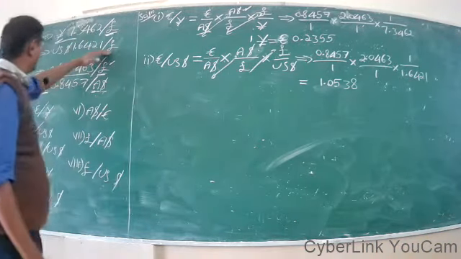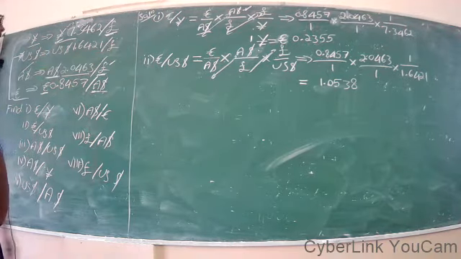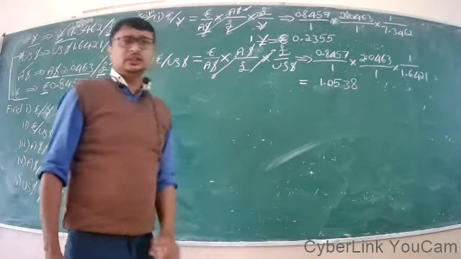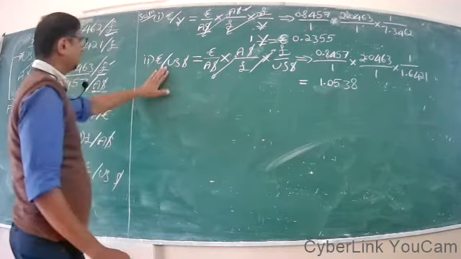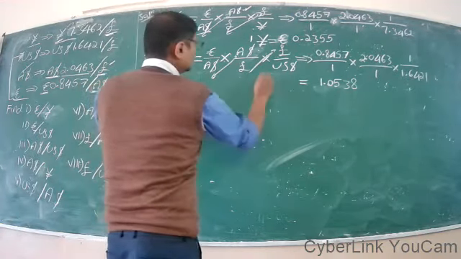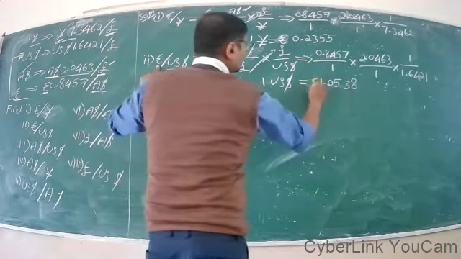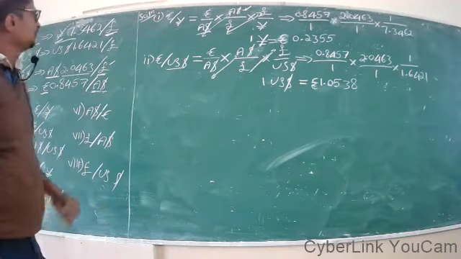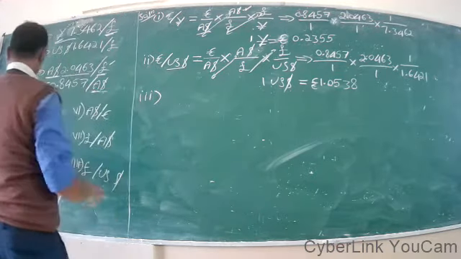So you have to rearrange this quotation to get sterling pound, right? So the answer is 1.0538. So what are they asking here? They are asking euro per US dollar. Per US dollar means 1 US dollar is equal to 1.0538 euro, right?